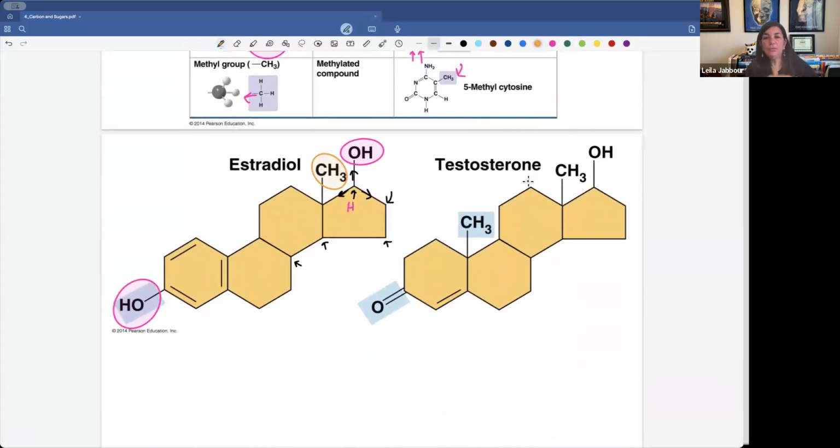And look what we did over here. We left the methyl group over here. We didn't really bother that at all. We still have the hydroxyl group over here, and we don't have the other hydroxyl group.